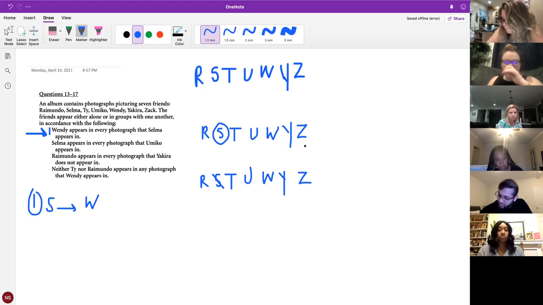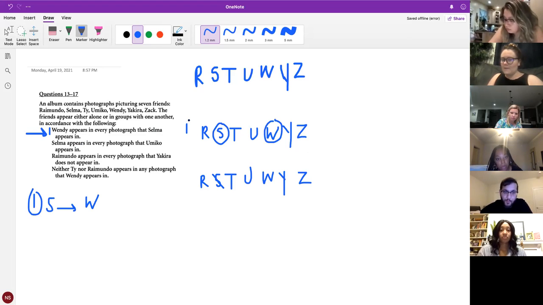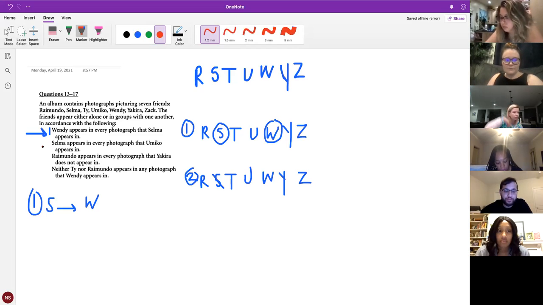Whenever I have Selma, what happens? I have Wendy, so I'm going to circle my Wendy here. But this rule is never triggered in world 2, so we don't know anything about Wendy in world 2. We just don't know. So I'm going to move on to rule number 2.